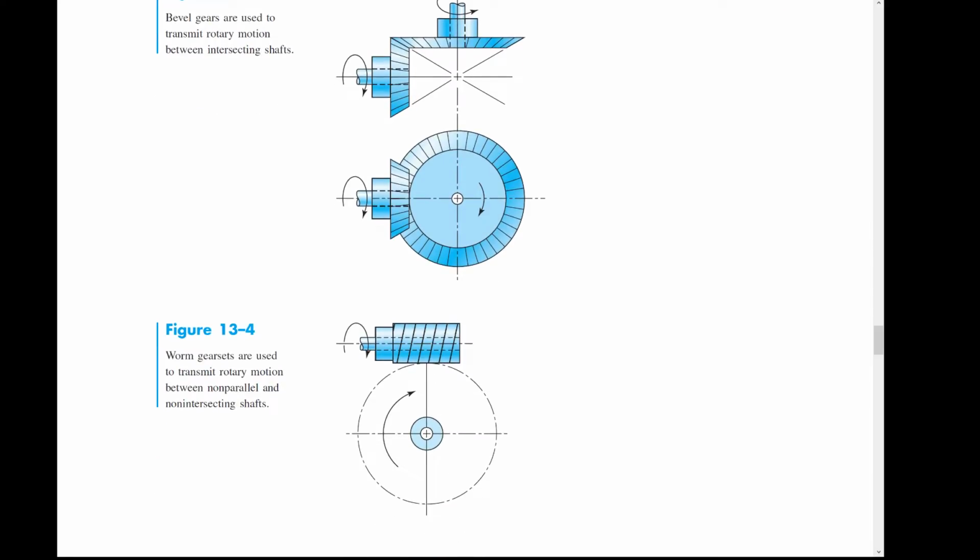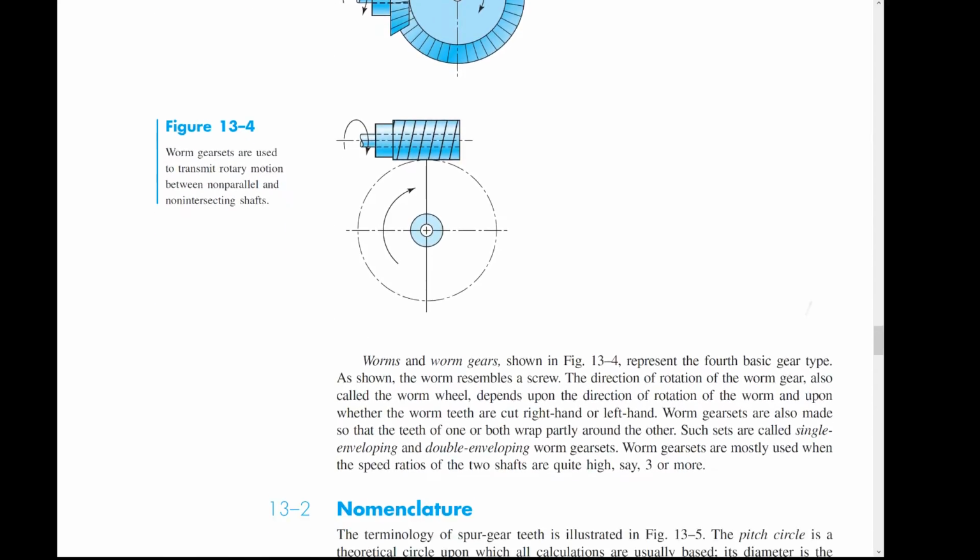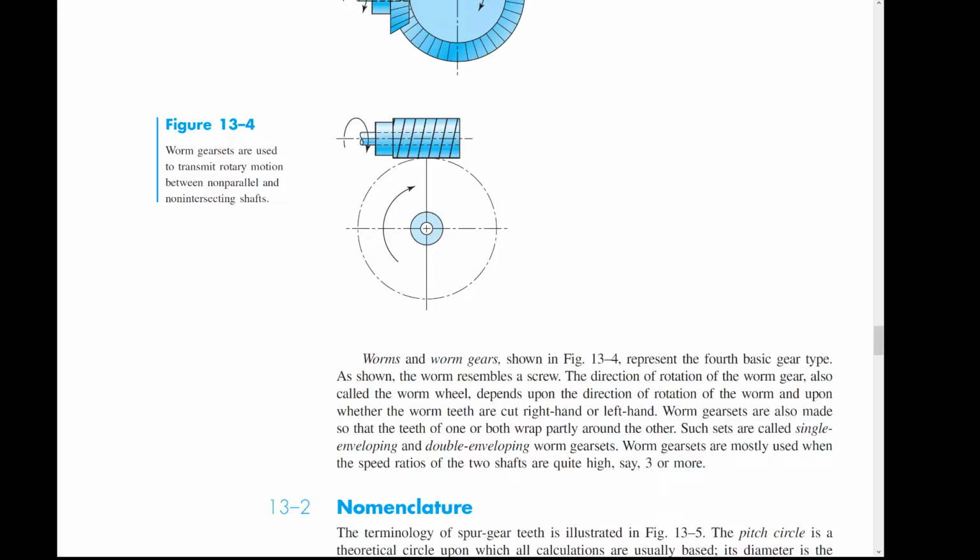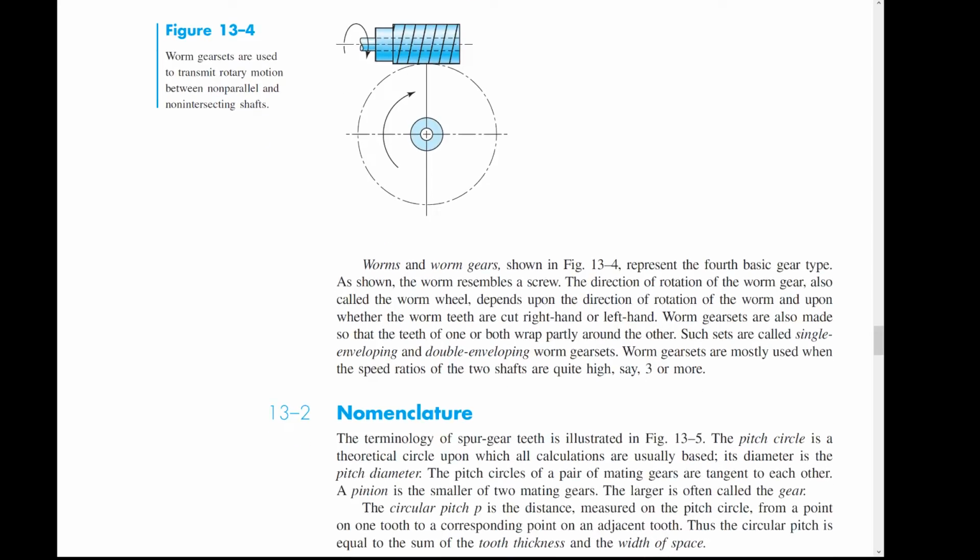Worm gear sets are used to transmit rotary motion between non-parallel, non-intersecting shafts. Non-parallel, so those are like skew lines, kind of. Worms and worm gears, shown in figure 13-4, represent the fourth basic gear type. As shown, the worm resembles a screw.